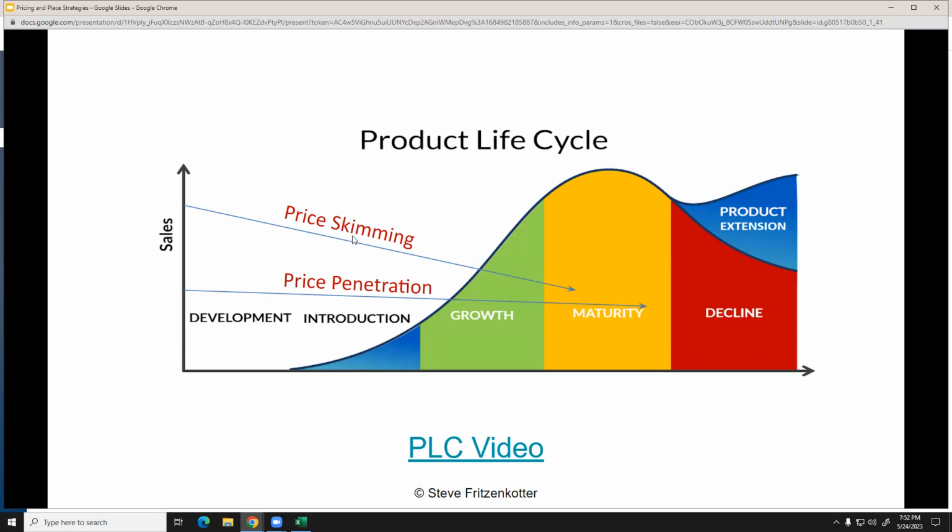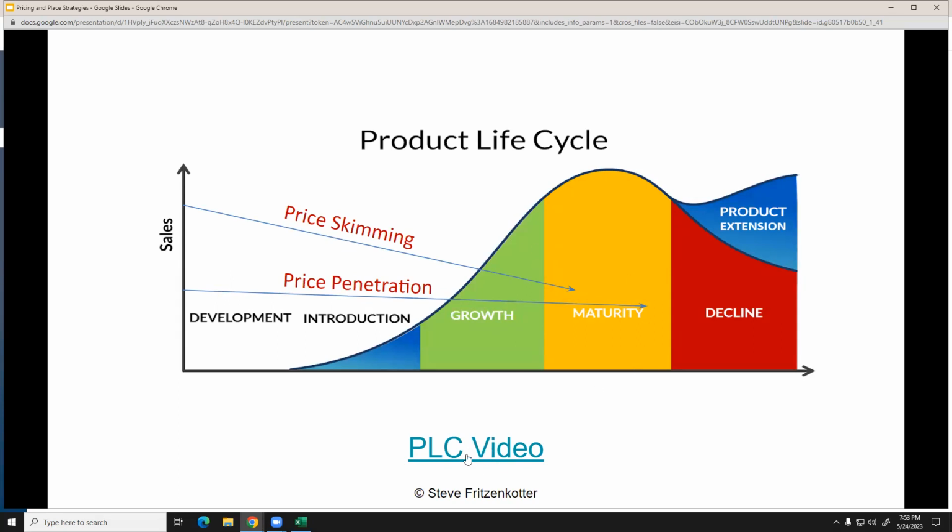But both will equalize somewhere in the maturity level when the product becomes mature. The price penetration keeps going. The price skimming, typically it's a shorter life cycle, and then a new product is launched before it plummets too low.